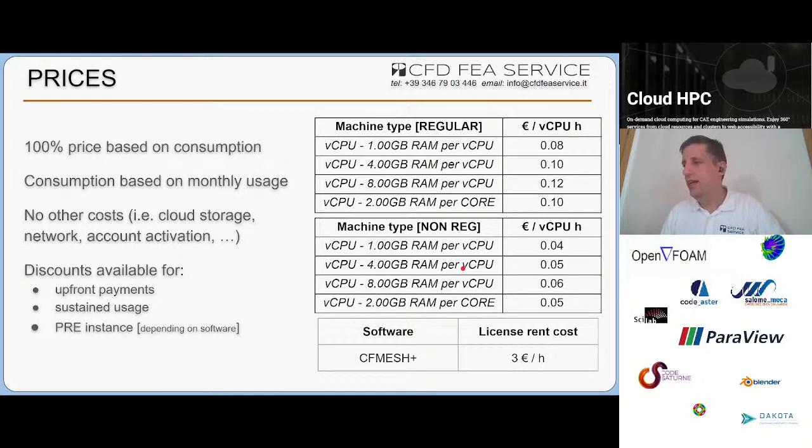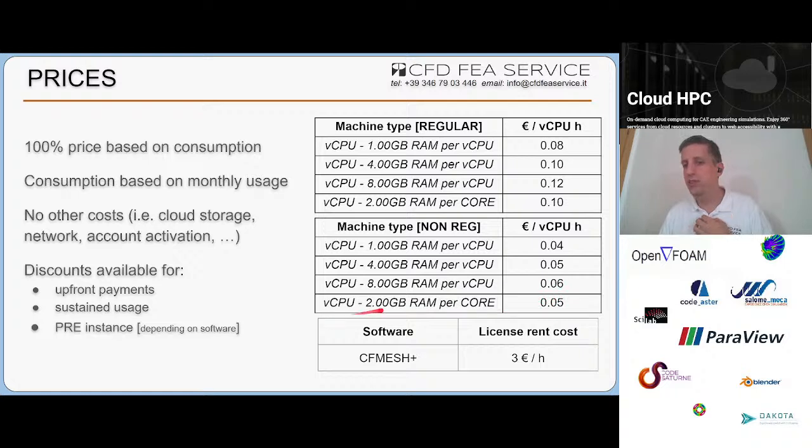Well, having a look at the prices of the whole application, everything is on consumption, so you can use the platform as you are normally used to, and there is a certain price depending on the virtual CPUs you are using and the RAM you allocate to the virtual CPU. Let's say in few words, for OpenFOAM, the lowest price is 0.05 euro per virtual CPU hour.